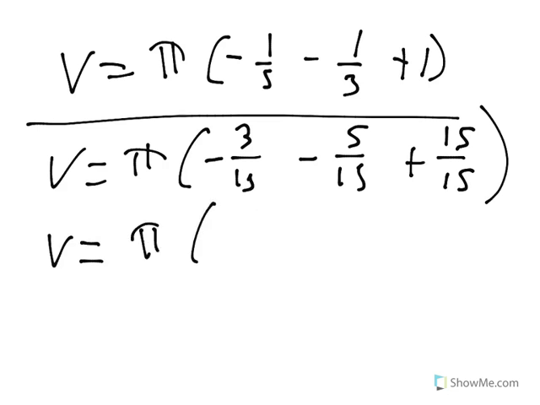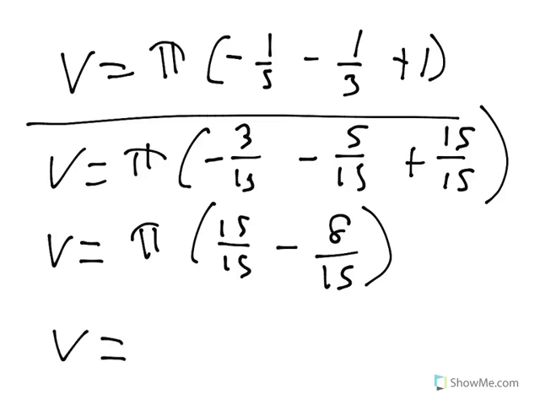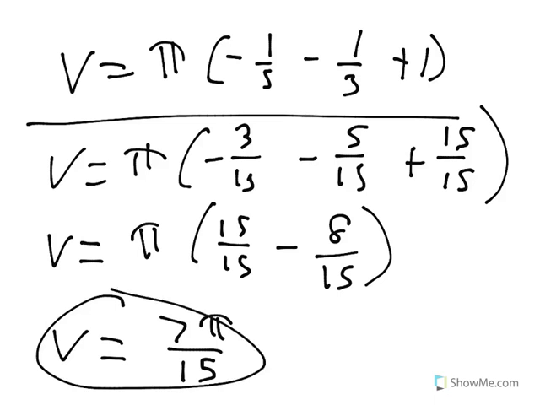V equals pi times 18 over 15 minus 5 over 15... simplify this, and V equals 7 pi over 15. And that is your result.